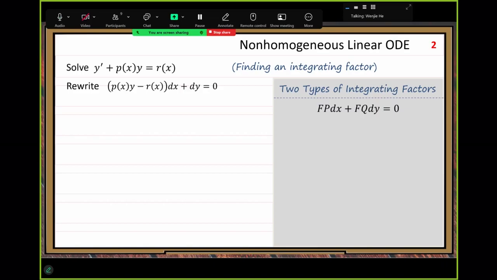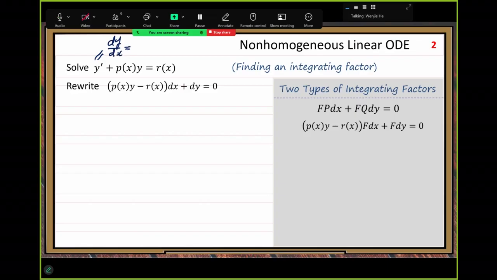So the integrating factor F. We're able to write the Rx in the same group as Px. So same group. y prime equals dy over dx.